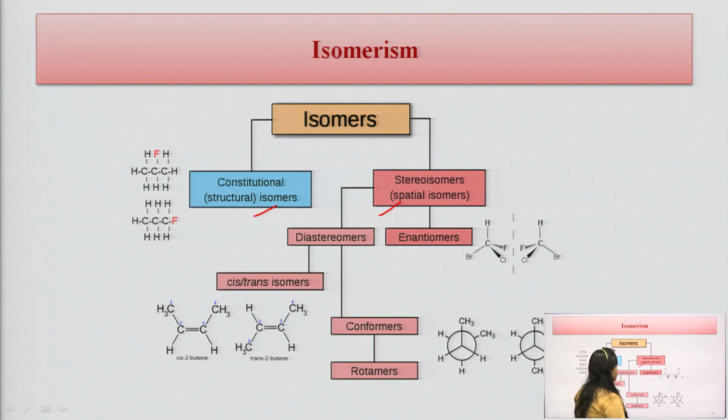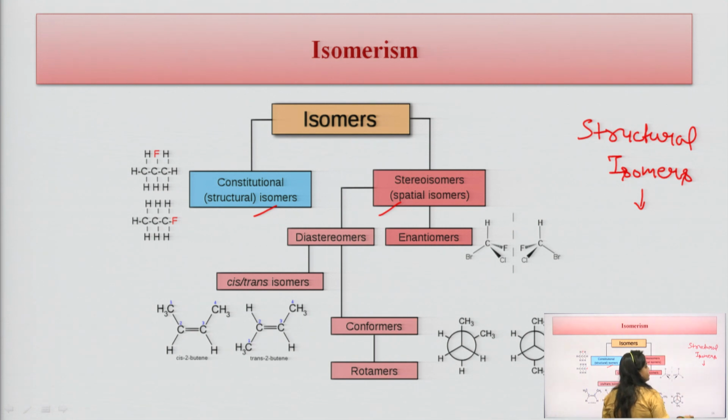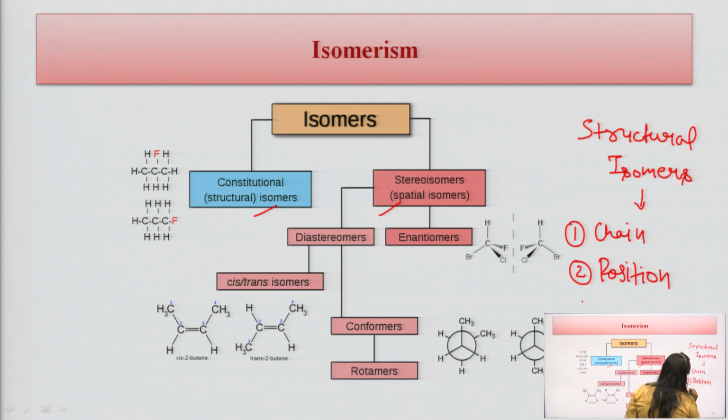So, the structural isomers will be divided further into some types of isomerism like chain isomerism, position, functional group, metamerism, metamers, tautomers, and the last is ring chain isomerism.